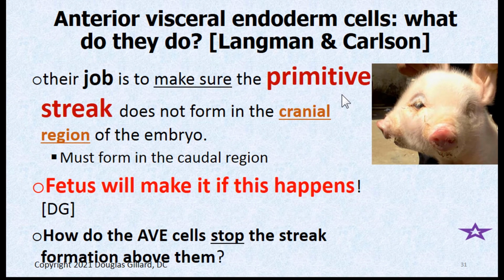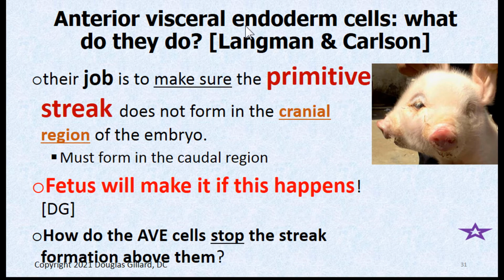And what is the job of the AVE cells? They are very important in making sure something called the primitive streak. Who's heard of that word, primitive streak? Nobody? Probably nobody back in the biology days of studying chickens. The primitive streak is your spine and your spinal cord and your brain. It's going to be the start of that.